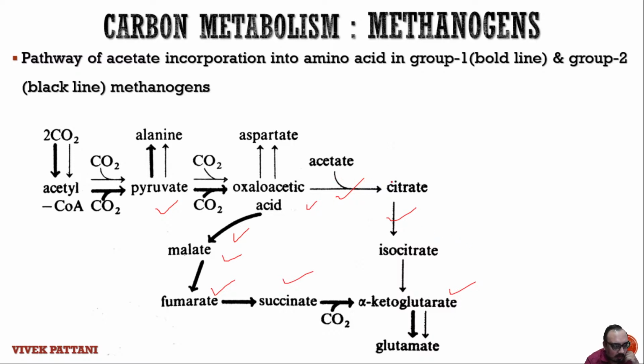Another one is acetate, citrate, isocitrate, and glutarate, and finally glutamate. This process is a biosynthetic pathway of the methanogens for production of the various amino acids.